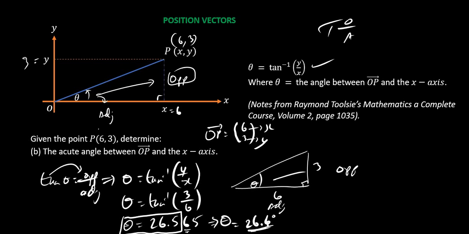And let's see the next question. The position of a point P is 6, negative 8. We want to find the length of that position vector. Then the position vector of P uses the same values, right?